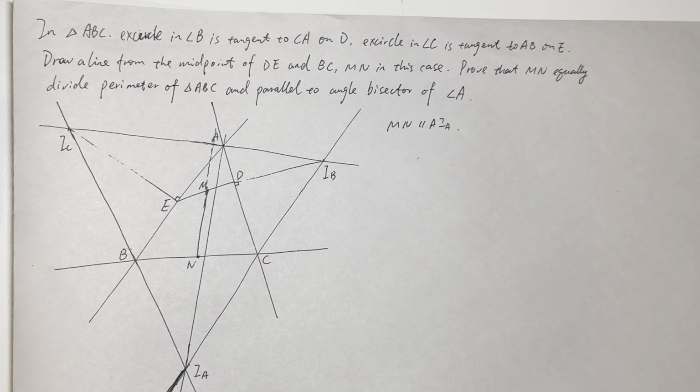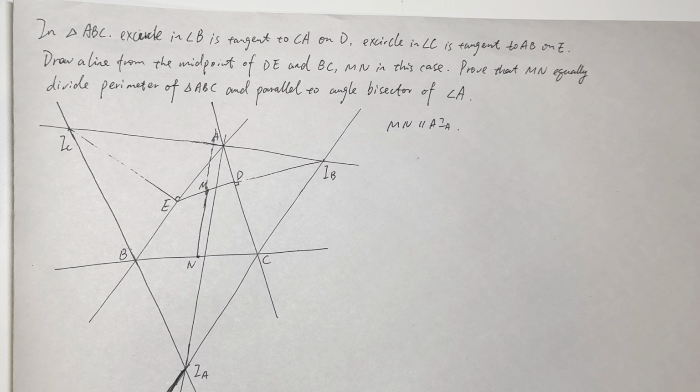The reason we can do this for the excenter is that we already know the lengths of so many segments, and also we know the relations of these triangles, similar or congruent.